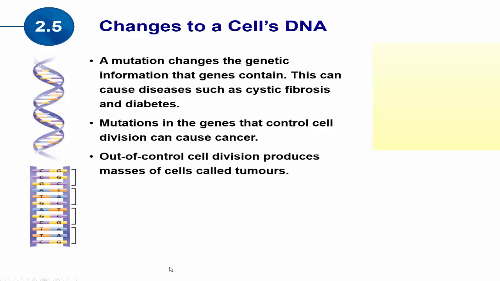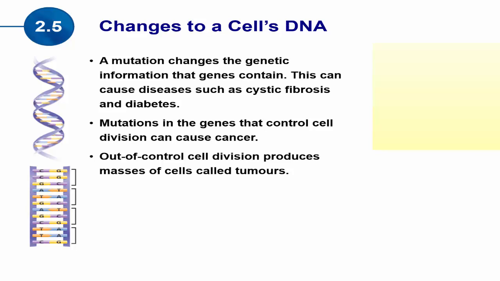So this is out of control cell division, and like I said, it produces these masses of cells called tumors. You want to look at some gross pictures sometime, type in the word tumor in Google and look at some images of some cancerous tumors. Not nice at all.